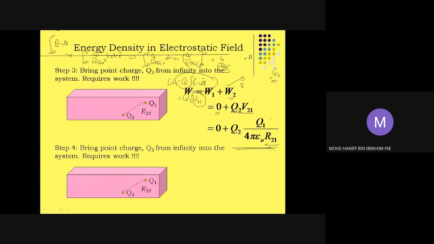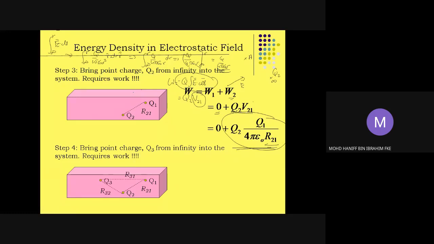So that should be our total work up to the third step, which is we have now positioned two charges, Q1 and Q2, into our system. This process will be repeated for step 4, which is to bring the charge Q3 inside the system.